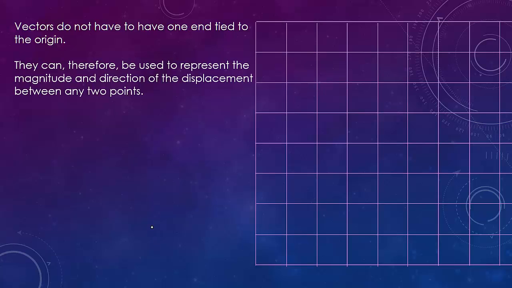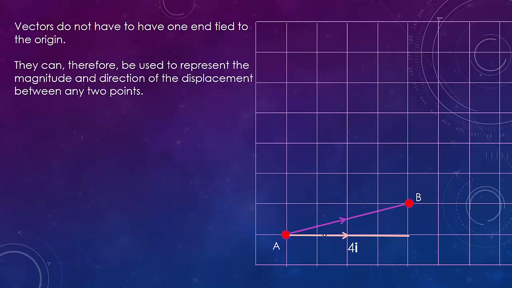So here we have a grid, and we have a point A here, and a point B just here. So we want to represent the vector between those 2 points, and the vector is always a direct line between those points.